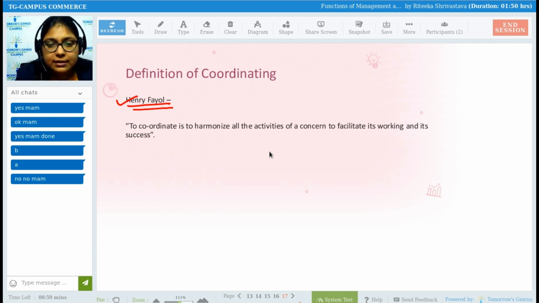So Henry Fayol says, to coordinate is to harmonize all the activities of a concern, facilitate its working and its success. So according to Henry Fayol, coordination is to have good relation, harmony and peace between all the activities taking place in the organization for good success.